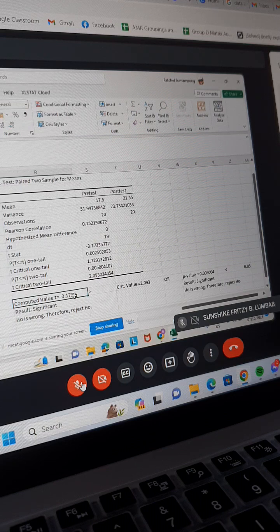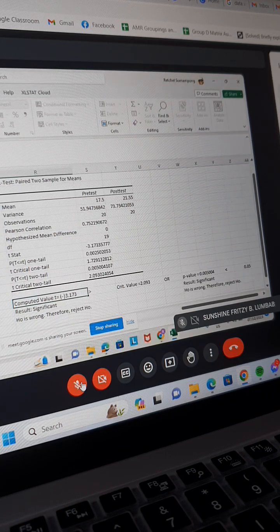So that you won't be confused whether it is greater or less than, or beyond, because what is given is positive, we have to enclose the negative sign of the 3.17. The negative only shows that the mean of the pre-test is lesser than the post-test.